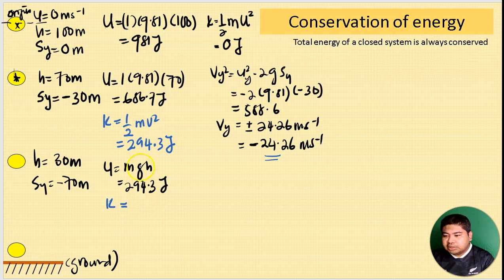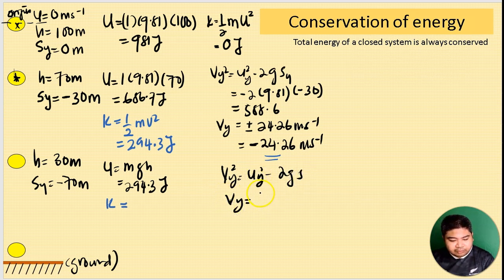And then if you calculate the kinetic energy, K, I'm using the blue color. We need to calculate the Vy first. So Vy squared equals Uy squared minus 2gs. We just substitute the value and you get Vy equals negative 37.06 meters per second. I'm not going to show you how I get this, I hope you can do it yourself.